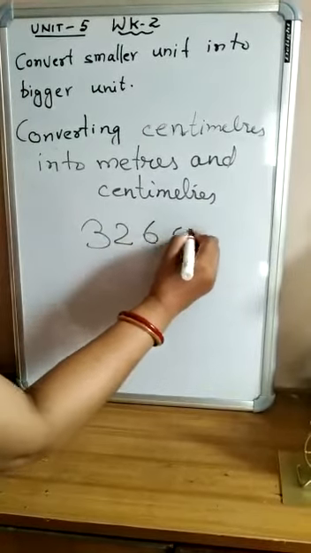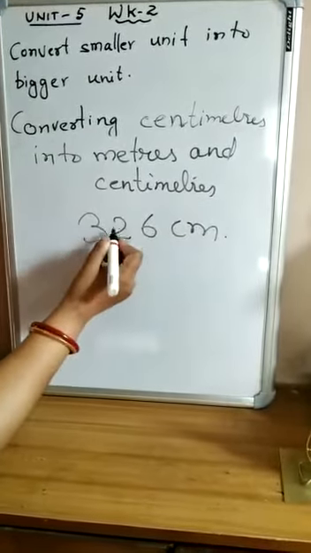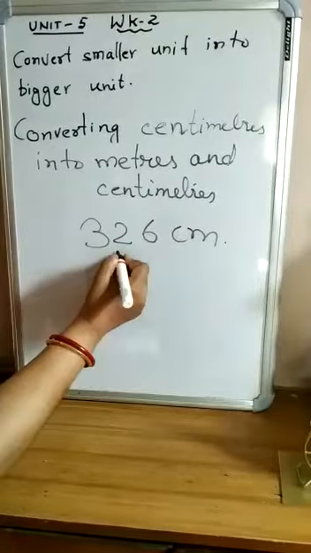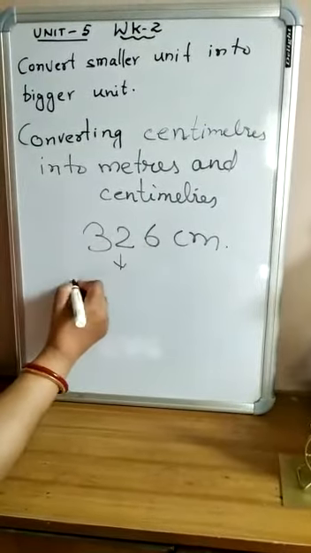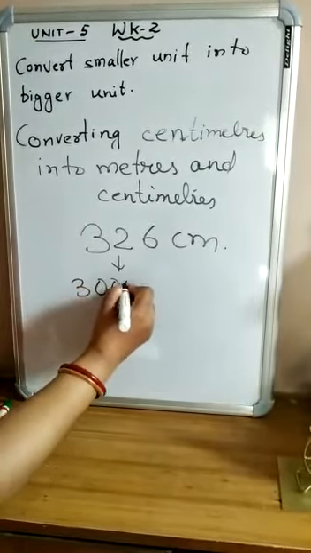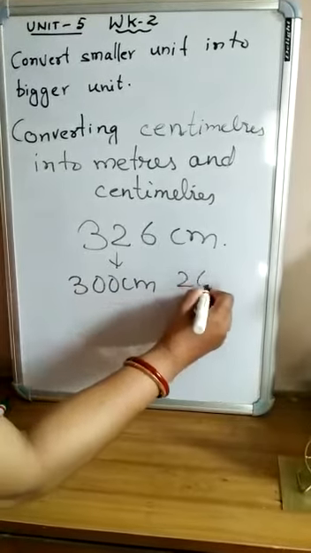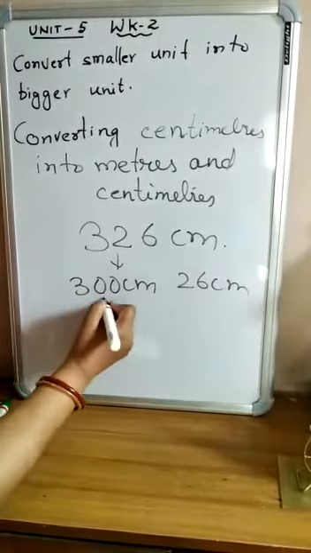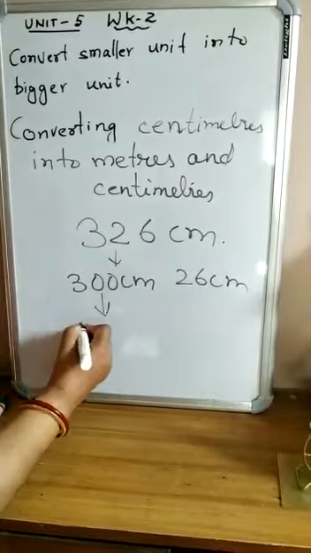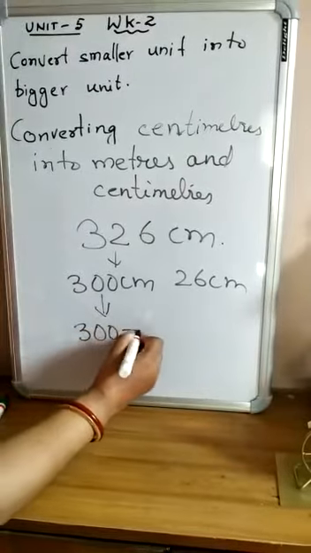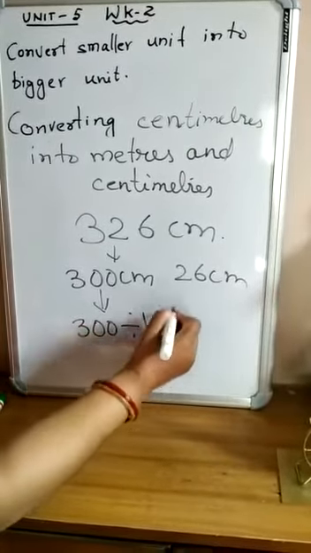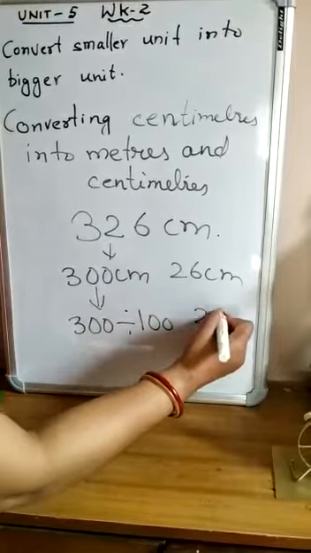326 centimeter. So here 326 centimeter. We split this 326 centimeter into 300 centimeter and 26 centimeter. Correct? Now we divide this 300 centimeter by 100 and then write this 26 centimeter along with it.